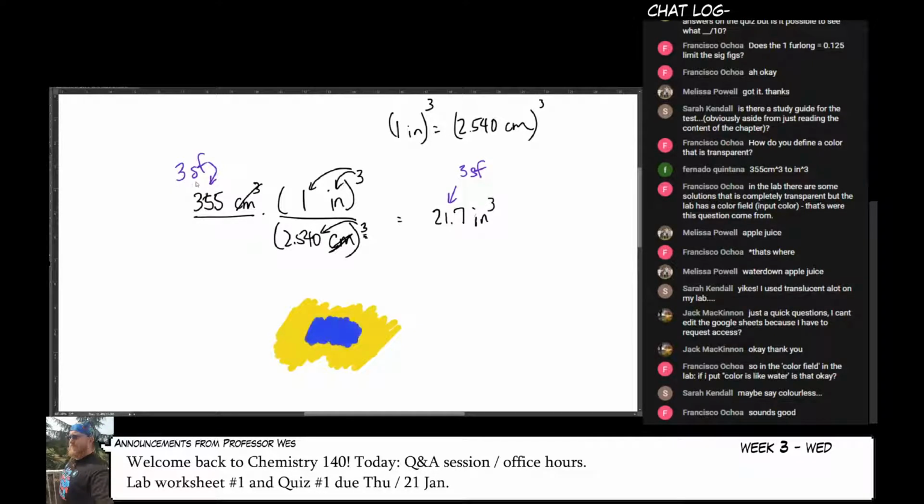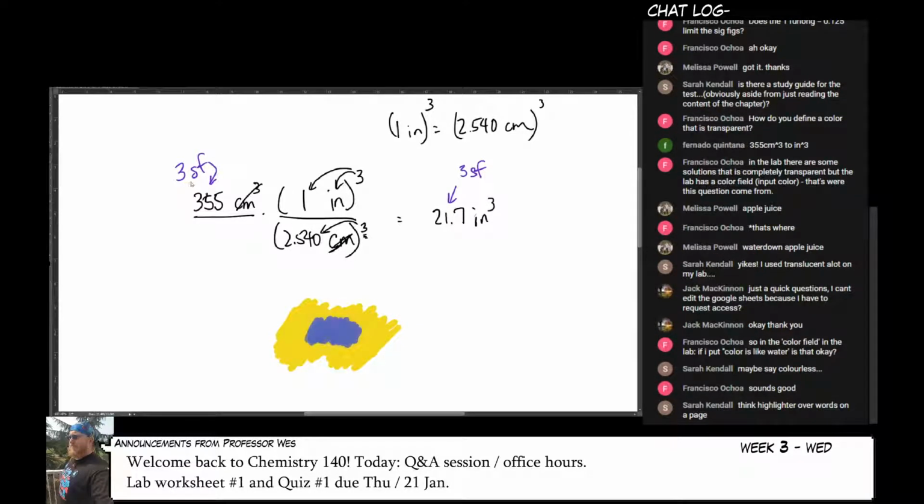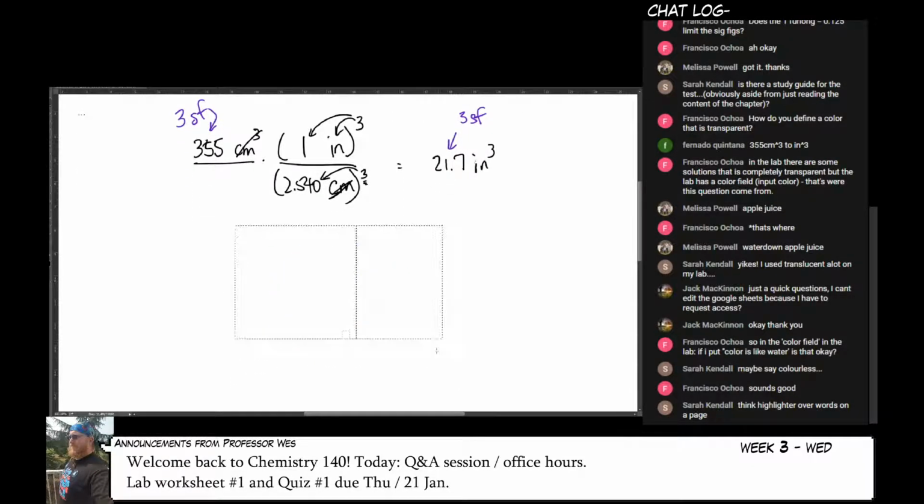But I have this bar where I can just change the opacity. Yeah, like a highlighter over words on a page would be transparent. Because you don't obscure what you see. Delete layer.